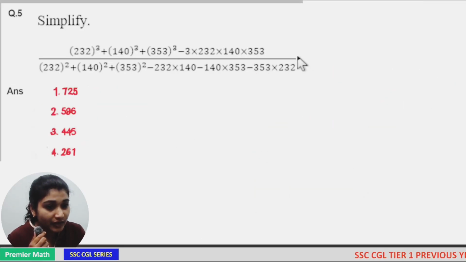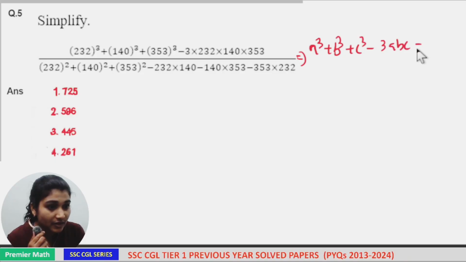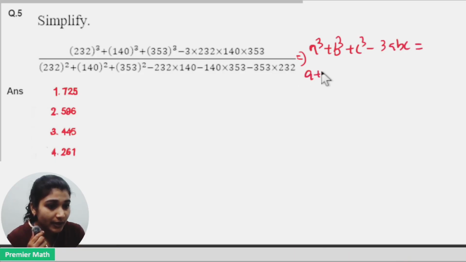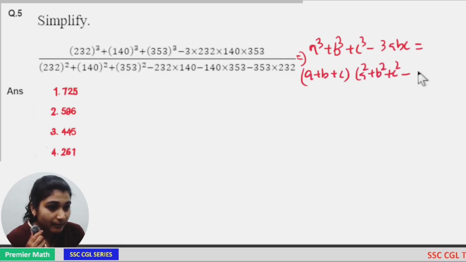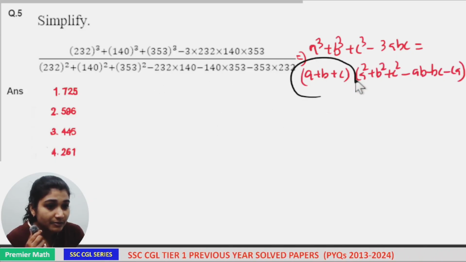Simplify the following. Here numerator is a cube plus b cube plus c cube minus 3abc. Now this formula is equal to a plus b plus c into a square plus b square plus c square minus ab minus bc minus ca. And here in numerator the missing term is a plus b plus c.